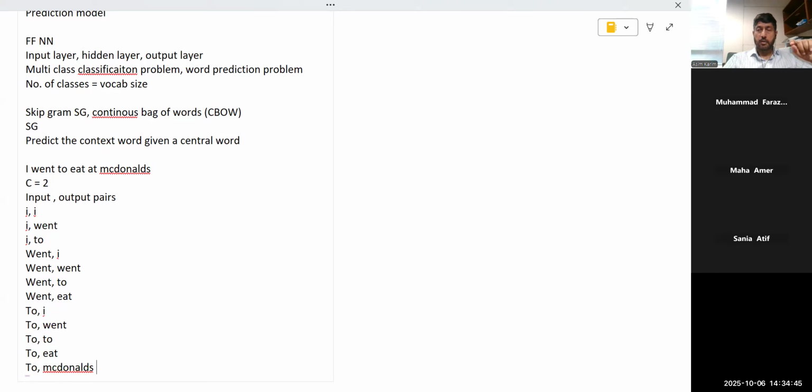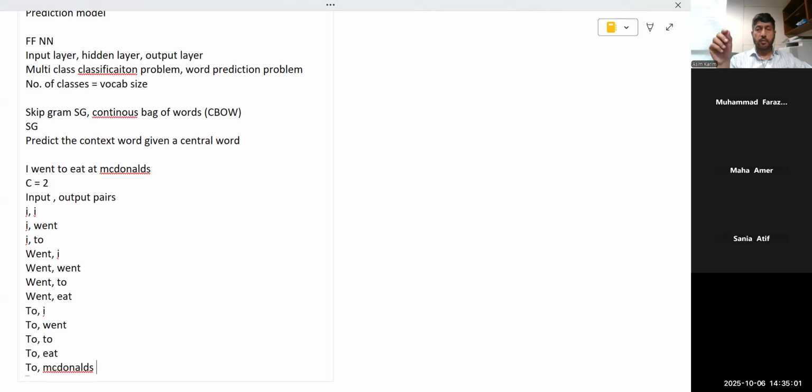the context word. The C is the context window size. This C is not the context word, this is the context window size. It means that given a central word, how many words before and how many words after we take as context.